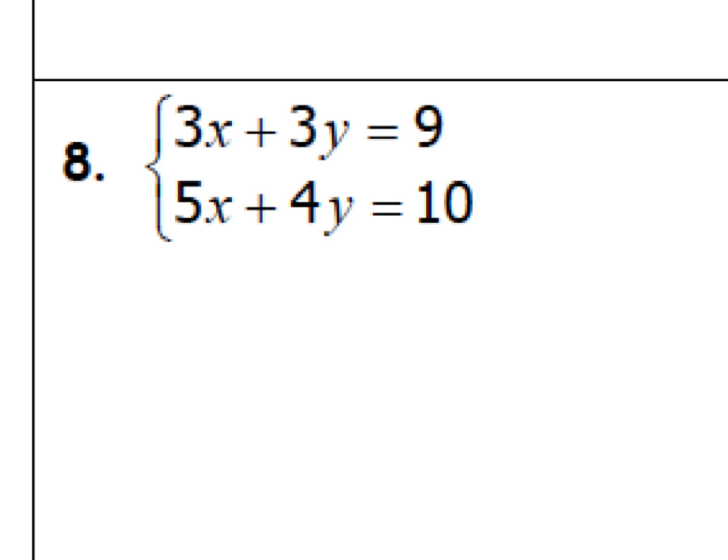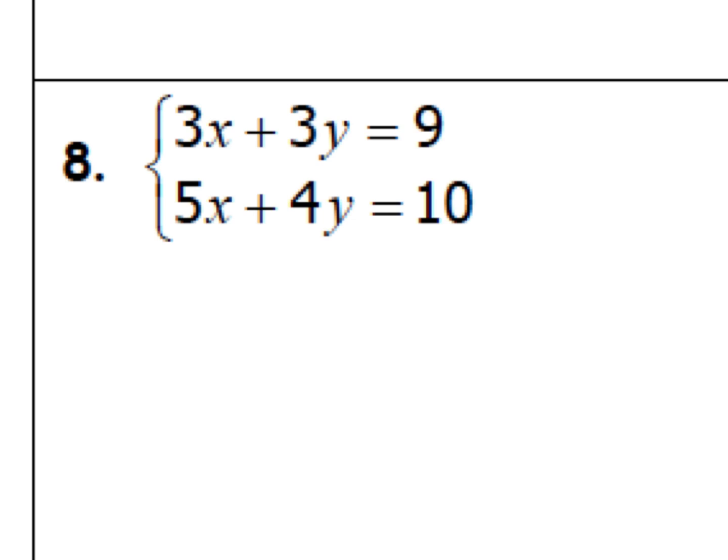If I want 3y and 4y to become opposite numbers, what common multiple do they share? 3 can multiply to become what number? And 4 can multiply to become what number? 12. Okay? So if we can make these 12 and negative 12, then they'll be opposites.